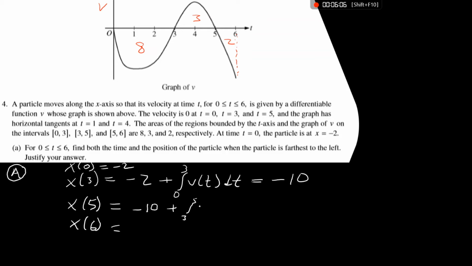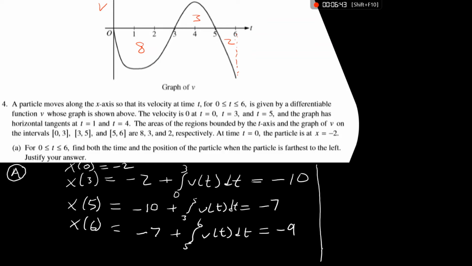So that's negative 5 minus 2, so that's negative 7. And x at 6 is negative 9.